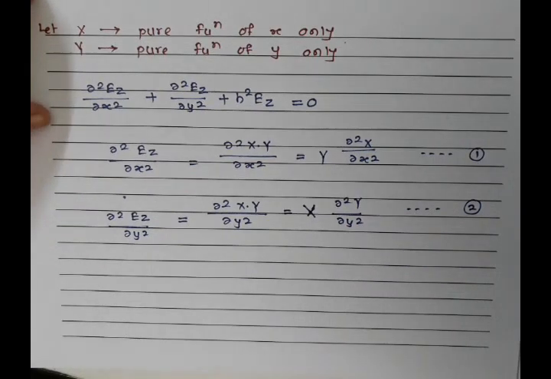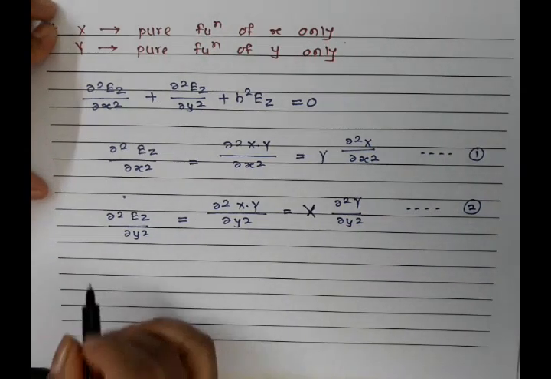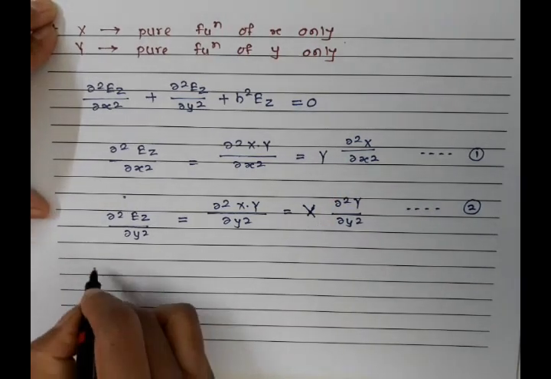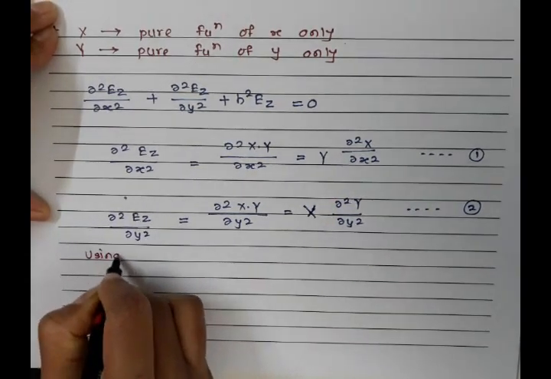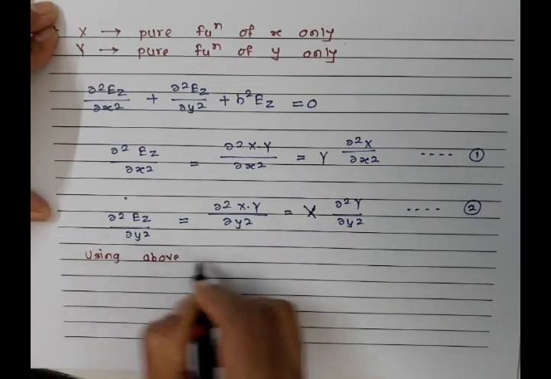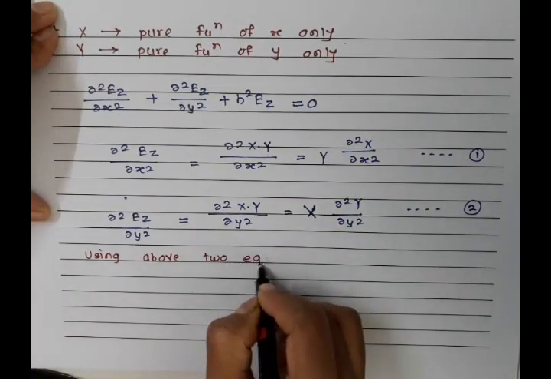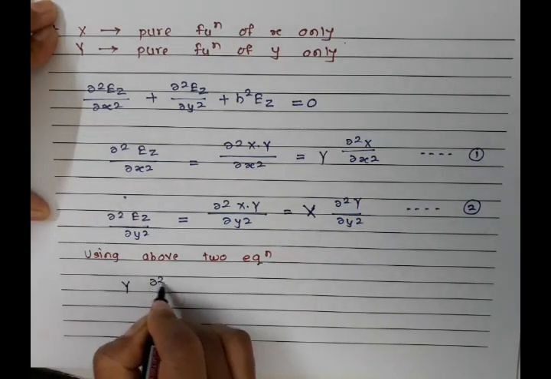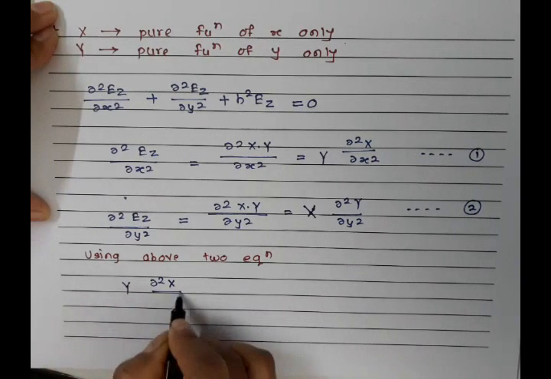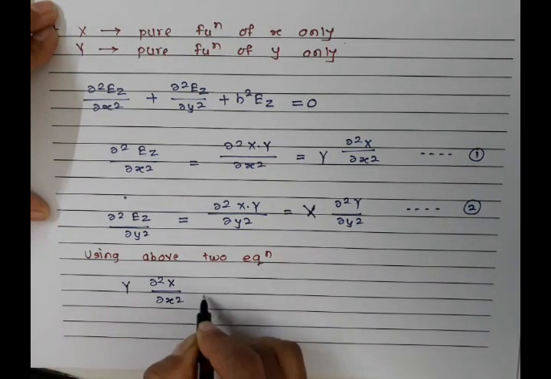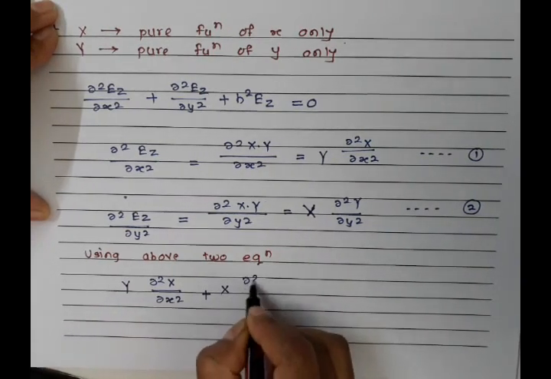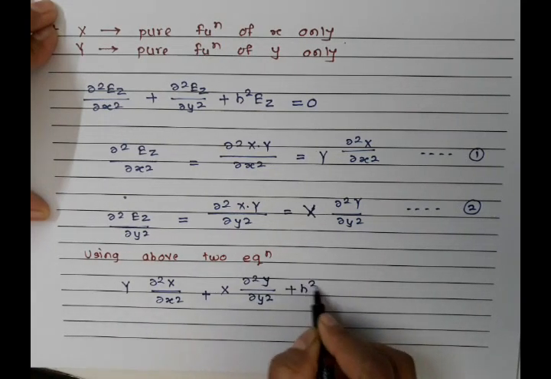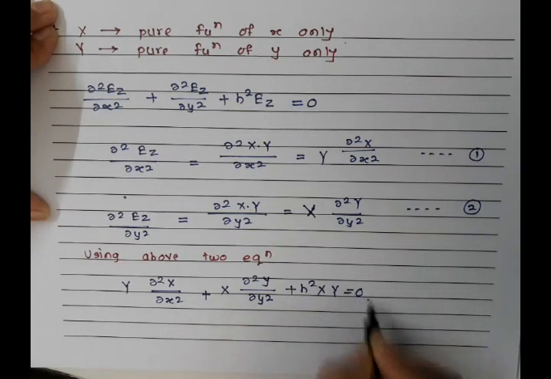Okay, so using the above two equations we can write. Now I'll put all these values into the above equation. So using the above two equations I can write that Y d square X dx square plus X d square Y dy square plus h square XY is equal to 0.